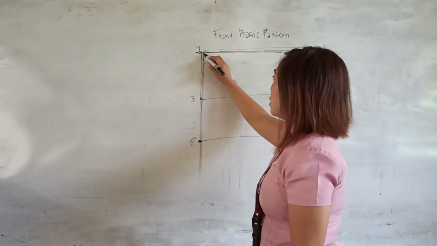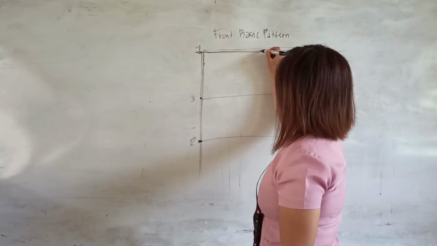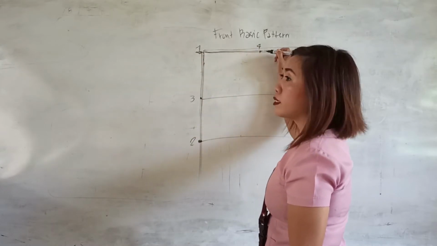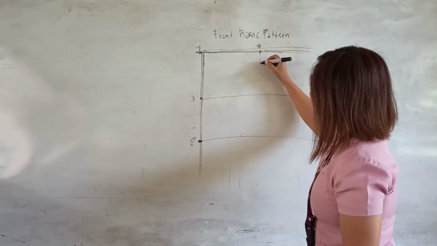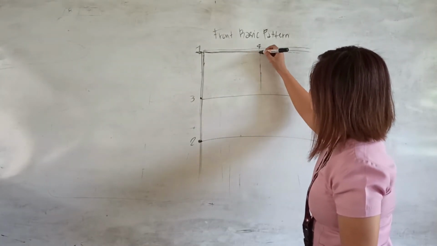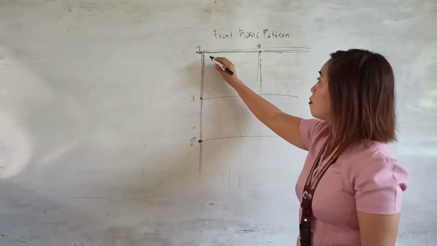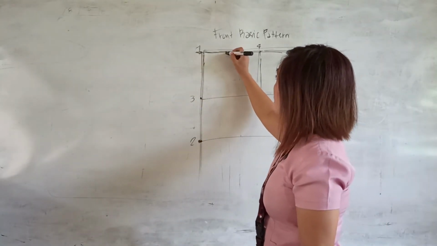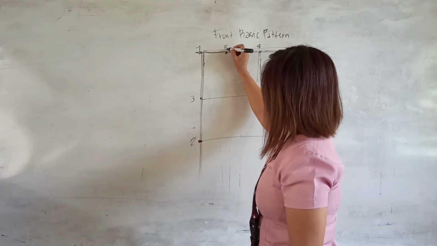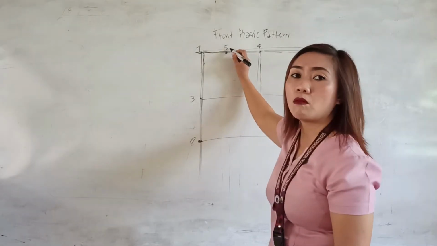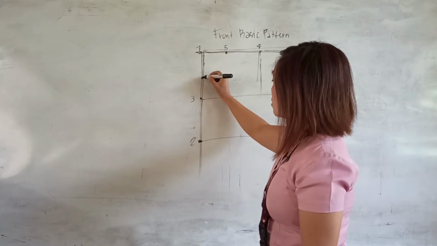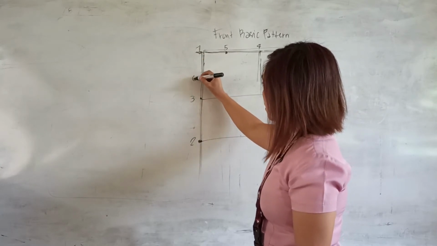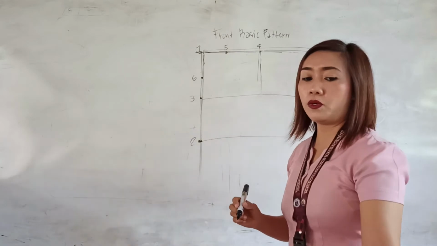From point 1 going to point 4, this is 1/2 of your shoulder measure, and square a thin line below point 4. Then from point 1 to point 5, this is 2 1/2 inches, and mark point 5. From point 1 going to point 6, this is 3 inches, and mark point 6.